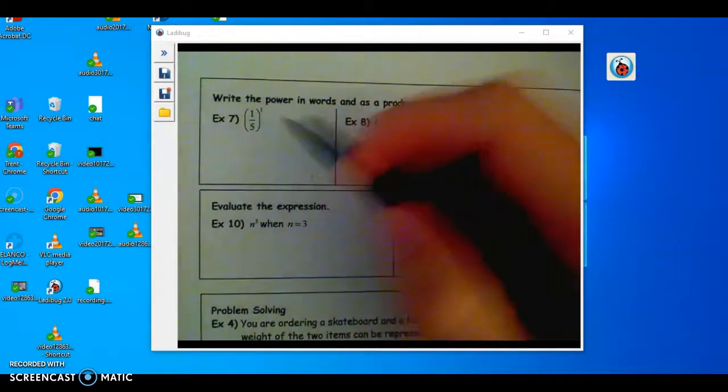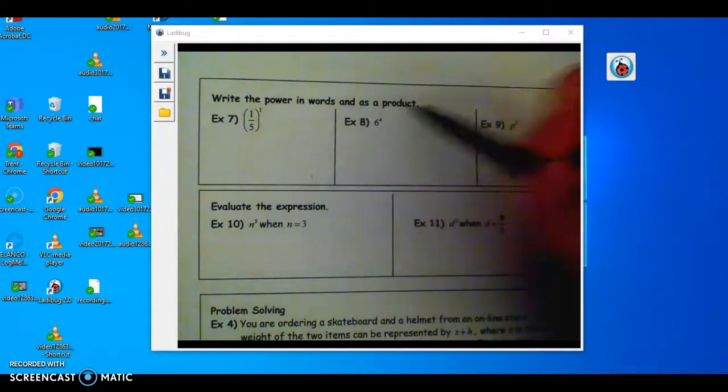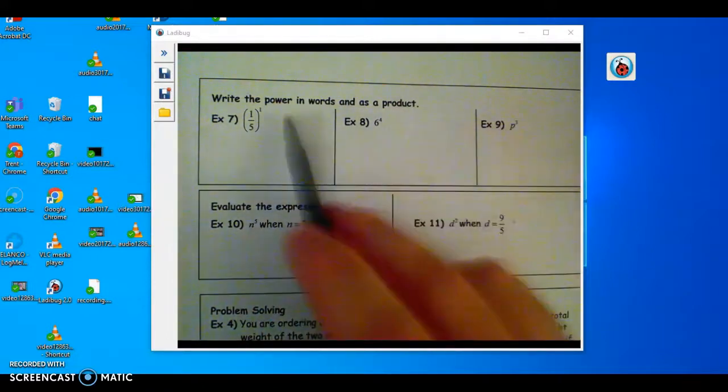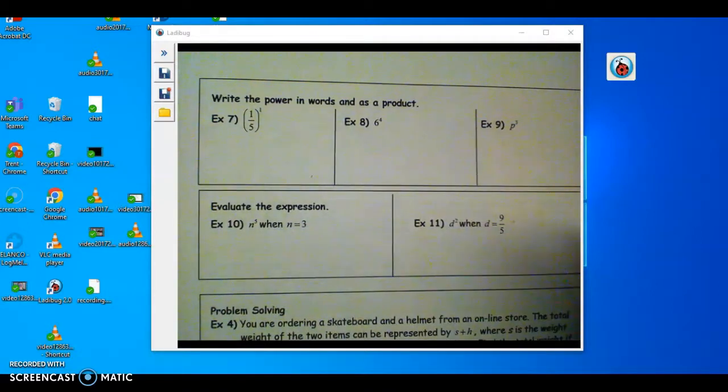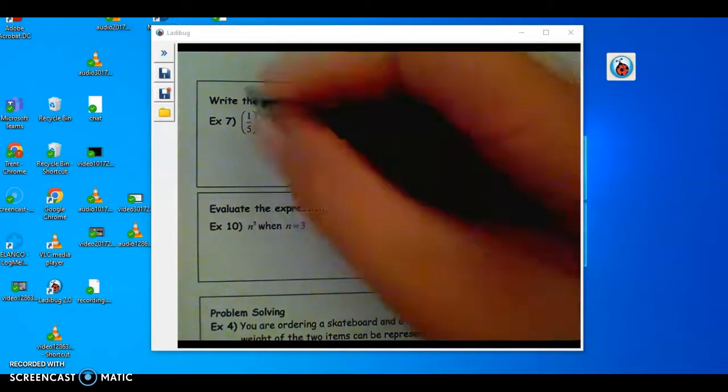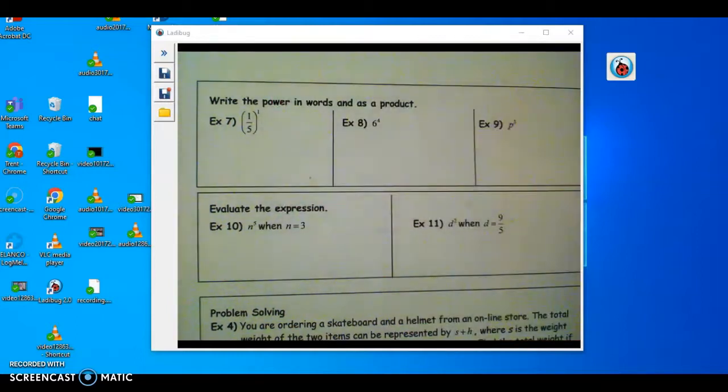All right. Write the power in words and as a product. Okay, so these examples, we have some powers here. So we need to write it out in words and as a product, so as repeated multiplication. Okay, so we got 1/5 to the power of 1.